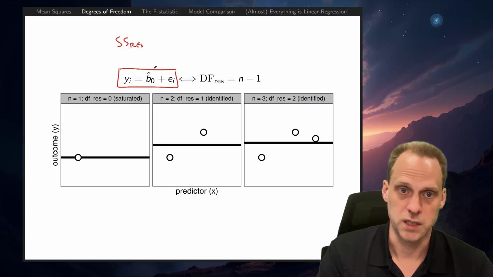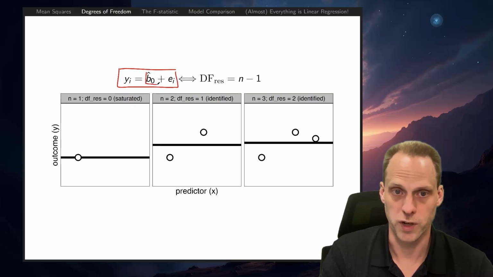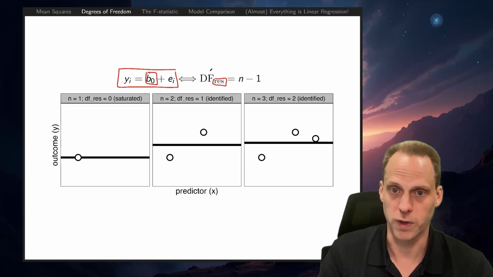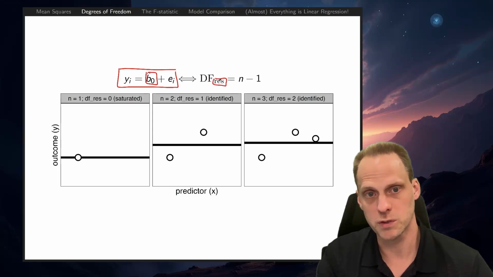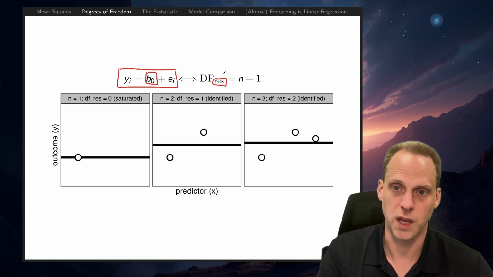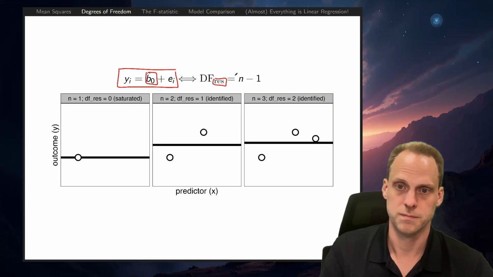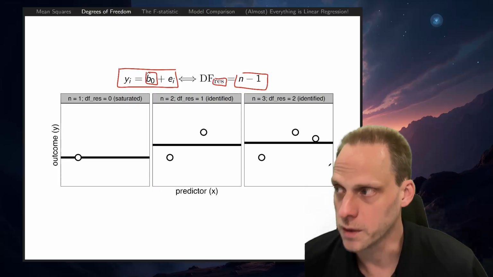So in this case, the degrees of freedom is n minus 1. Minus 1 because you have one parameter, the residual degrees of freedom. Often when I talk about the degrees of freedom, I talk about the residual ones because that's the most important. The residual degrees of freedom here is n minus 1 because we only have the intercept. So why is this n minus 1?